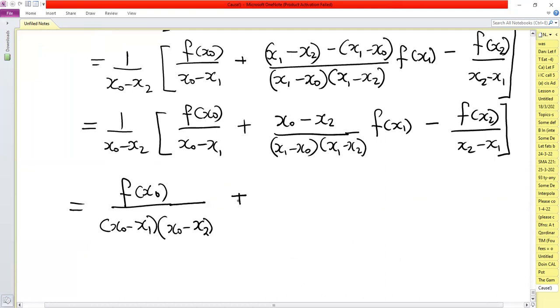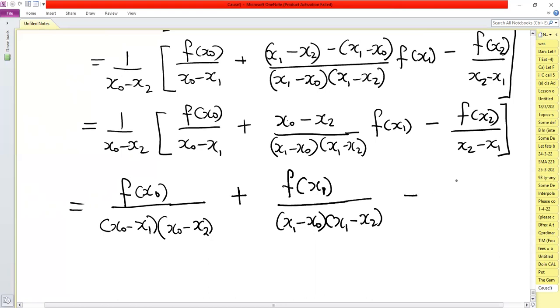And then plus, you see this one and this one cancel out, so I'll have f of x1 divided by x1 minus x0 into x1 minus x2, plus f of x2.